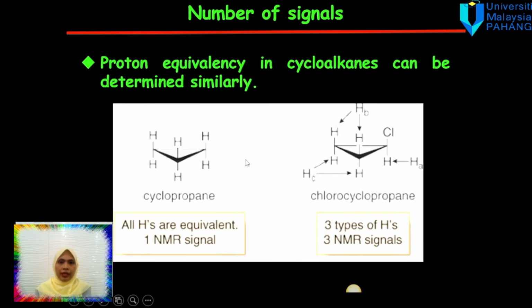For the cycloalkane, in this case, without any functional group, they have the same environment, so they have only one signal. For chloropropane with one functional group, a heteroatom, all the protons now become a different environment with 3 different signals.